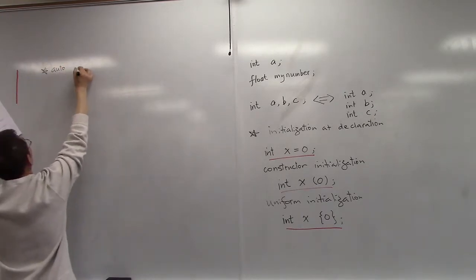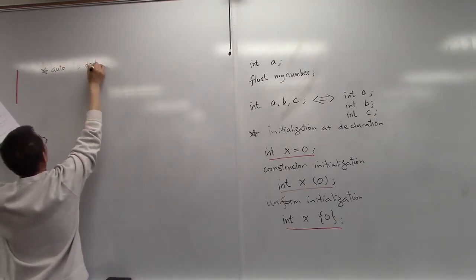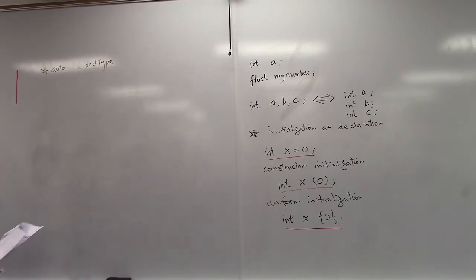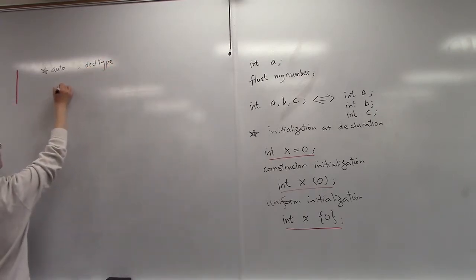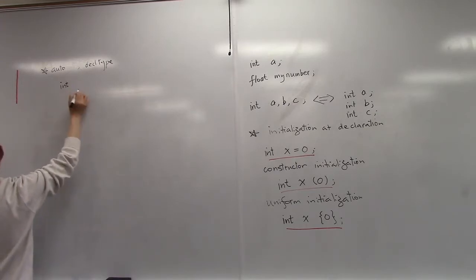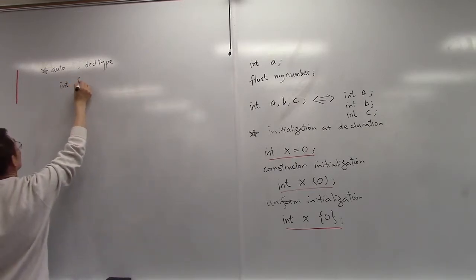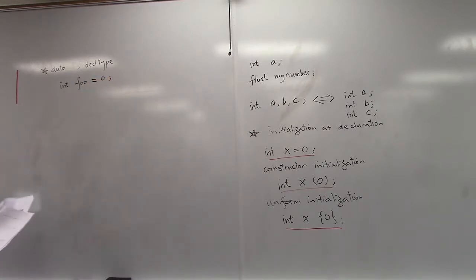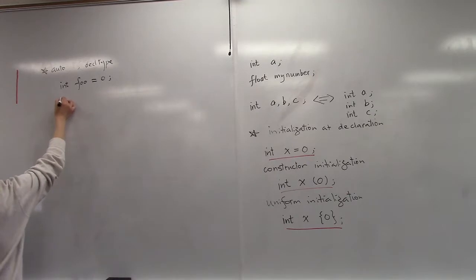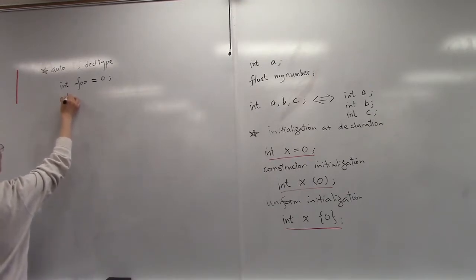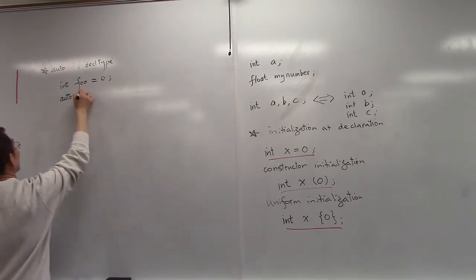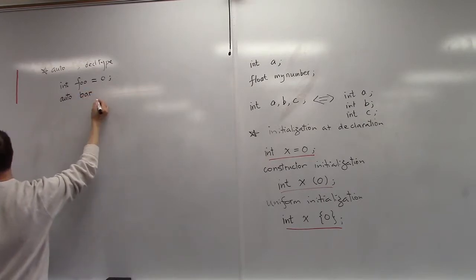For example, if I declare a variable foo, I initialize its value to 0, and then next I use the keyword that says automatically find the type of the variable and assign it to another variable bar.